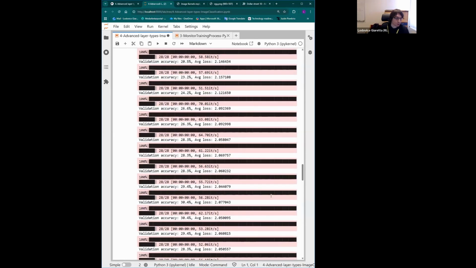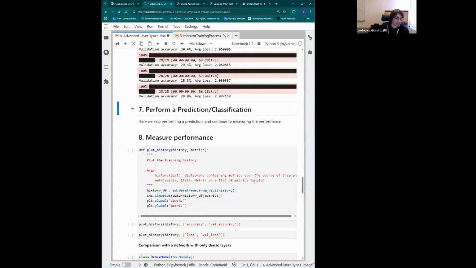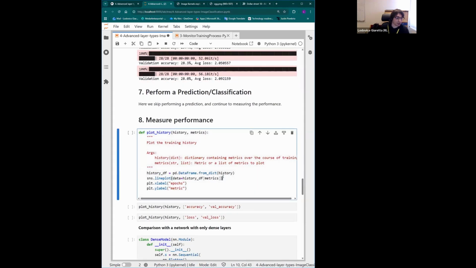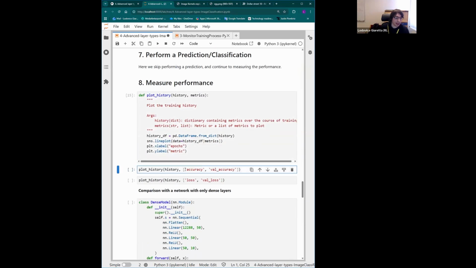And we are done. We have our model trained. Let's now have a look at the performance of this model. We have this small helper that allows us to plot a specific metric over our training epochs. And let's look at our model accuracy.